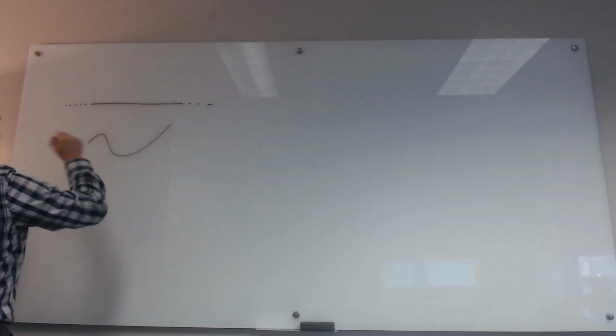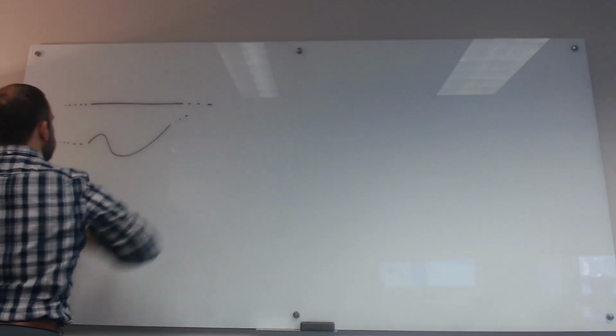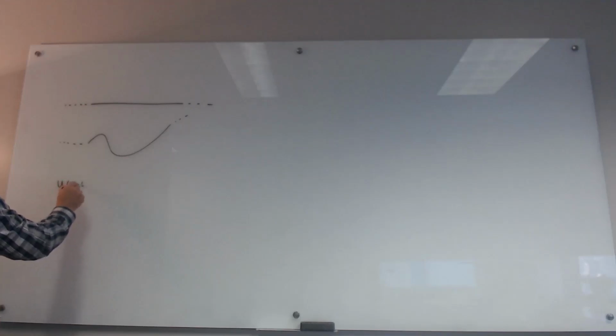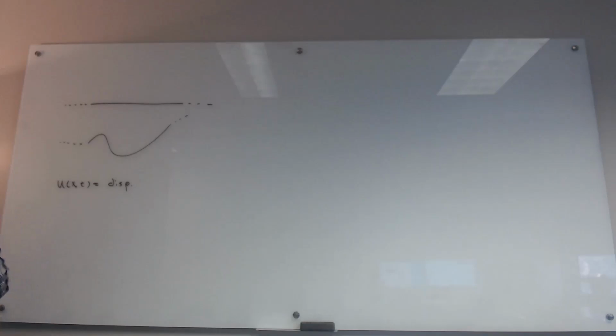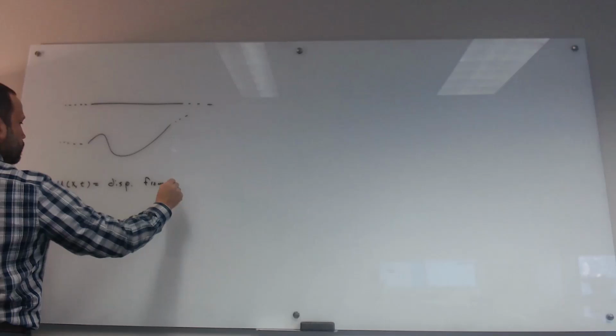Okay, so let's introduce a few variables here. Let's say we have this string, and at a certain time, its profile looks like this, let's say. The displacement goes off like that. u of x, t is going to be the displacement from the neutral position.